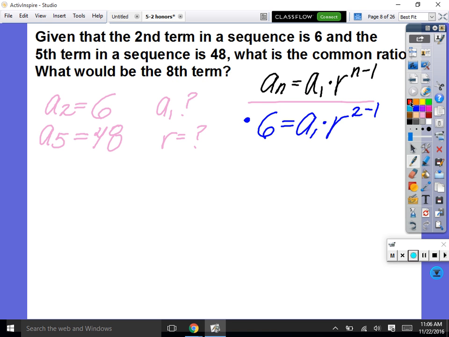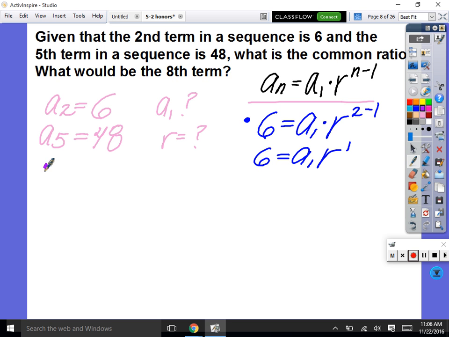Let's come up with another true statement. So I'm going to actually rewrite that simplified. We have 6 is equal to a sub 1 times r to the first power, right? Okay, let's keep going. Now that's not enough to solve because we have 2 unknowns. Everybody good with that? So let's set up another true statement.